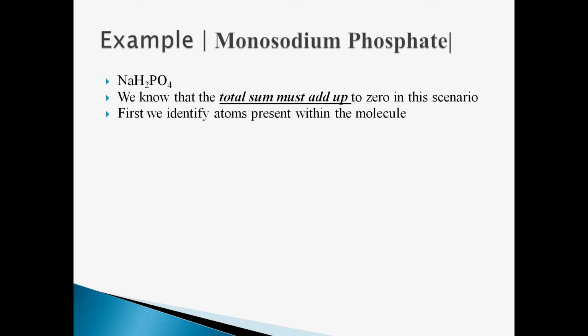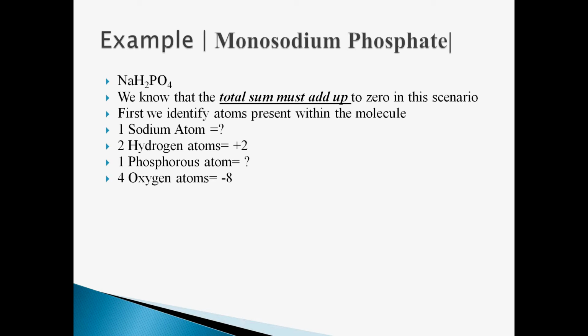Therefore, there is 1 sodium atom, 2 hydrogen atoms, 1 phosphorus atom, and 4 oxygen atoms. Using the rules once again, hydrogen always carries a +1 charge, and as there are 2, it provides a +2 charge. And oxygen always carries a -2 charge, so 4 times -2 is -8.